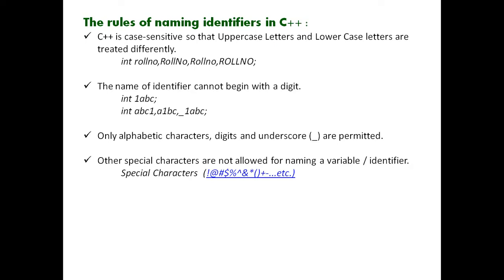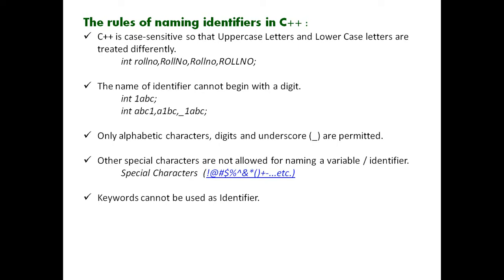Like exclamation mark, hash, at the rate, dollar sign, percentile, caret and star, whatever the arithmetic characters are over there, all of these are special characters. So these characters can never be used in the name of a variable or an identifier. By using these special characters, that identifier will be invalid.